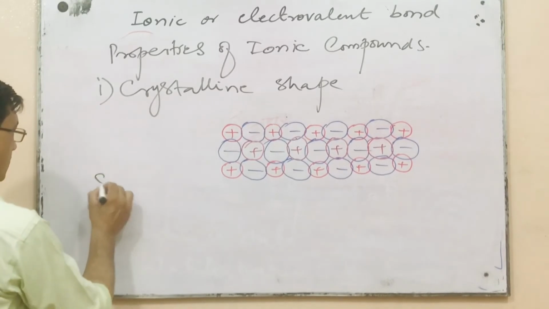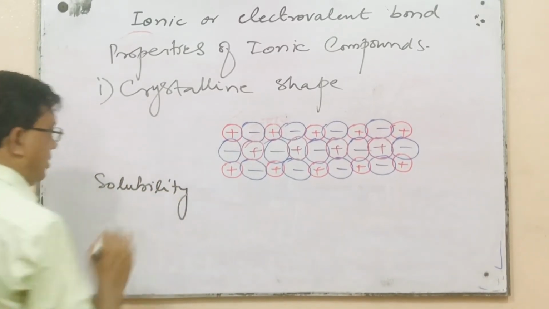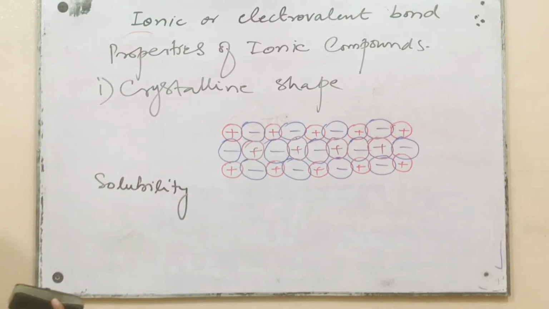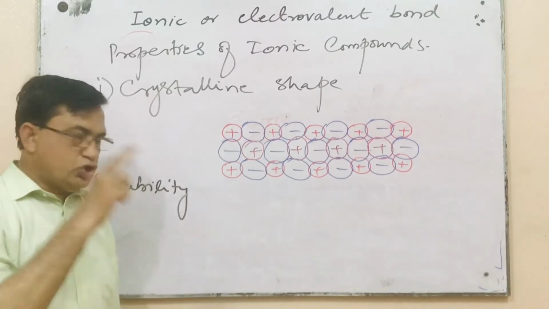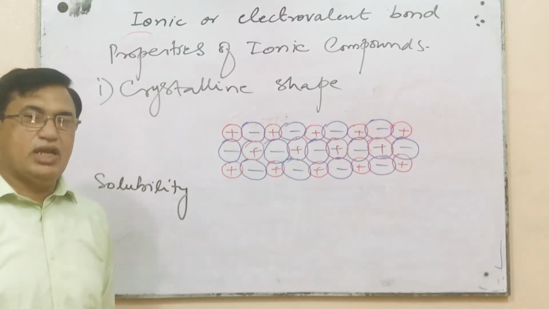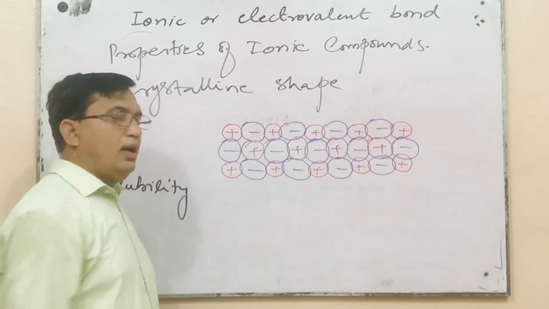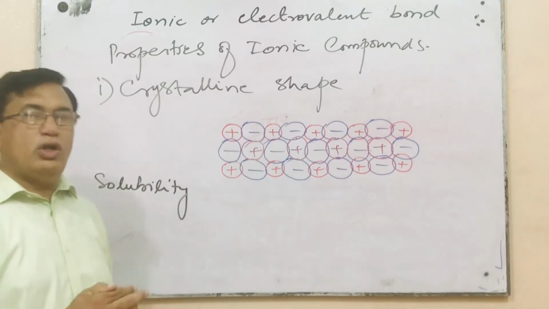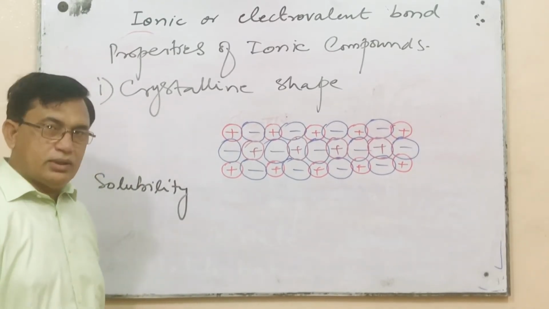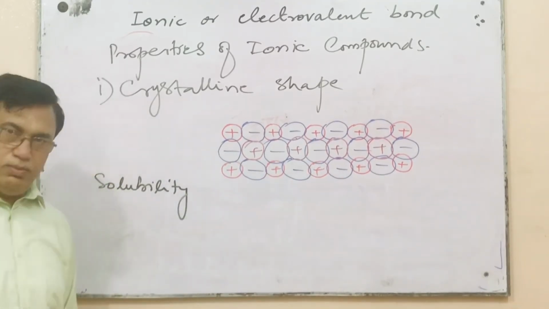solubility. Majority of the ionic solids are soluble in polar solvents just like water. Some of the solids are exceptions which are insoluble in water, but the majority of the ionic solids are soluble.